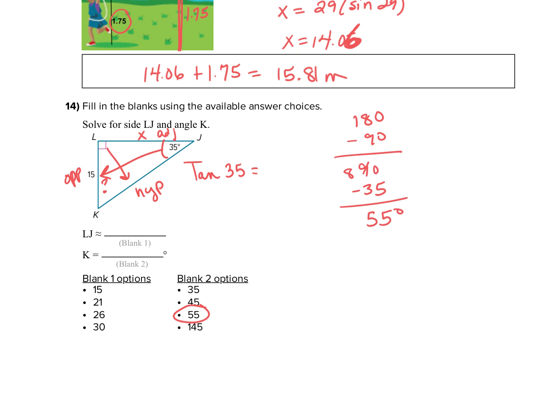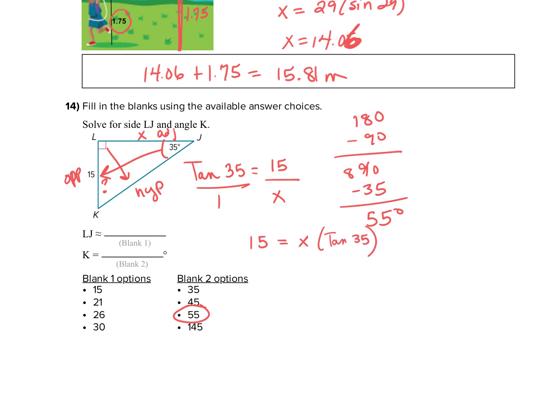Now just remember, tangent is opposite over adjacent. So that means 15 has to be on top and x has to be on the bottom. You can't interchange those. Then this looks similar to our other problem. The length I'm solving for is in the denominator, so I'm going to end up dividing, because 15 times 1 is 15, and then x times the tangent of 35.